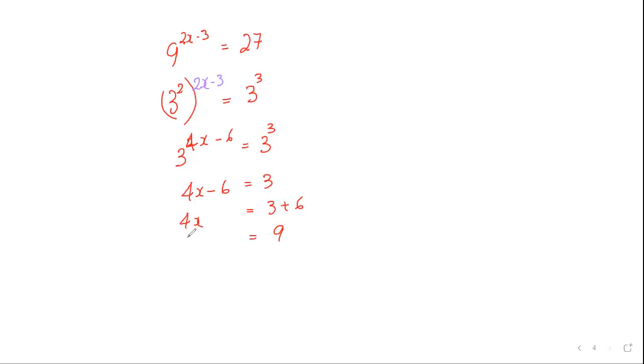That is equal to 9. 4x is equal to 9. We're looking for x, not for 4x. Therefore, x will equal 9/4.